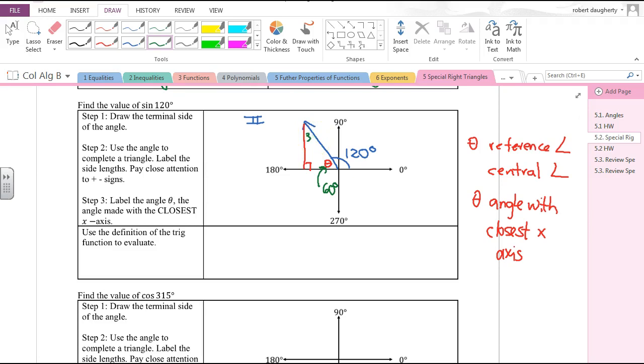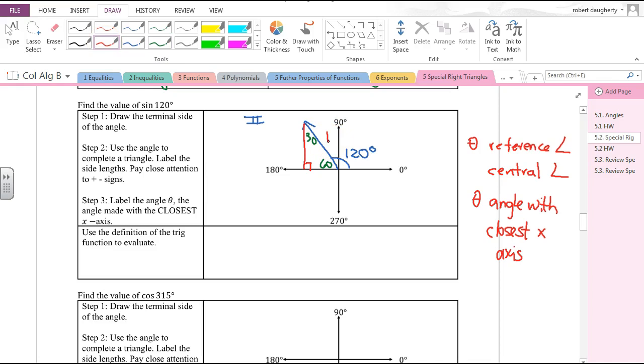So let me clean this up just a little bit. I've got to write a few more things here. So we've got a 30-60, okay? Now, you're going to label the sides. The hypotenuse is always going to be 1. It's a positive number.